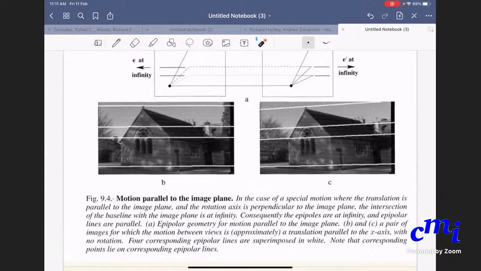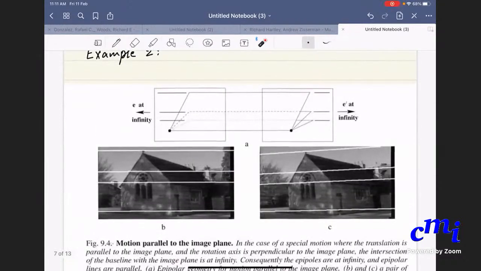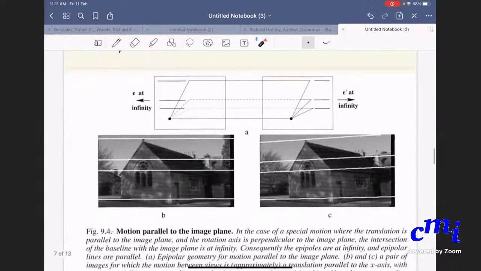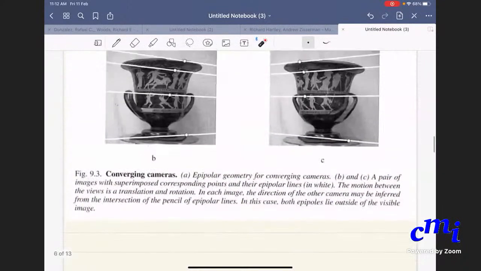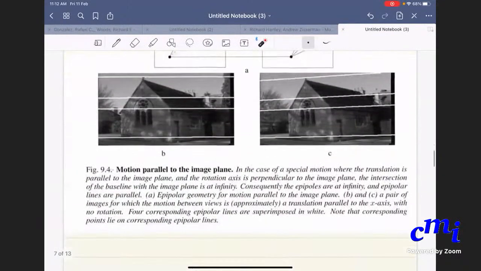We will see this when we derive the formulae, but in this case the epipolar lines are almost parallel, and so we say that the epipoles are at infinity. So these are two examples: in one the epipole is not at infinity, and here the epipole is at infinity. This happens when the motion is parallel to the image plane.